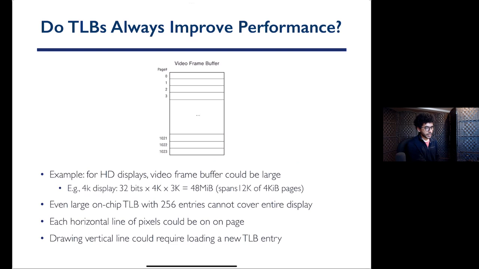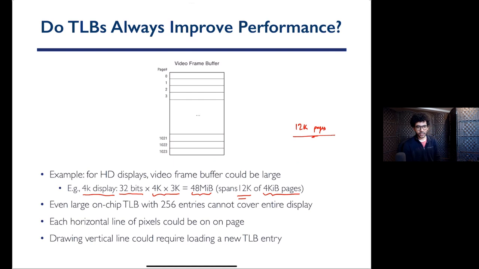For example, here is a 4K display with 34 bits per pixel, and this is the number of pixels you have in your entire display. So that's how much data you need per rendering of your page. Now, if you have 4 kilobyte pages, this means that you have 12K pages.